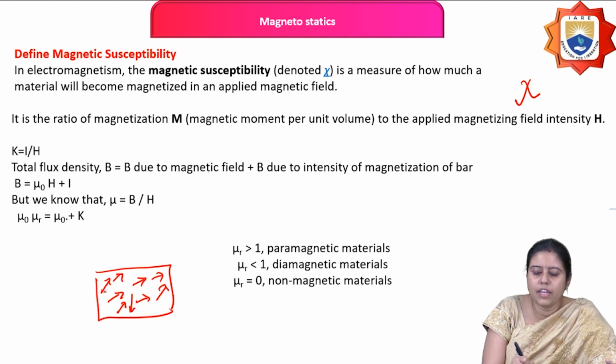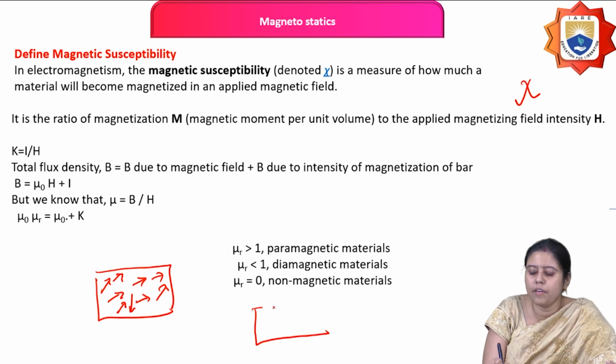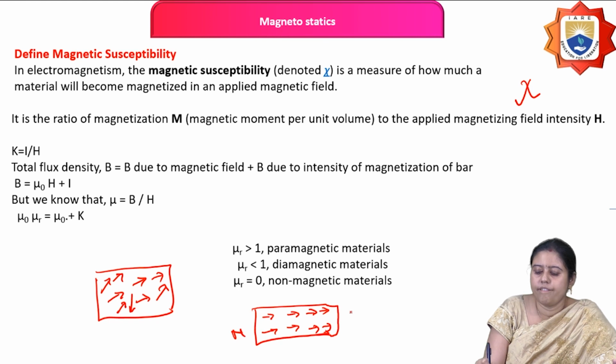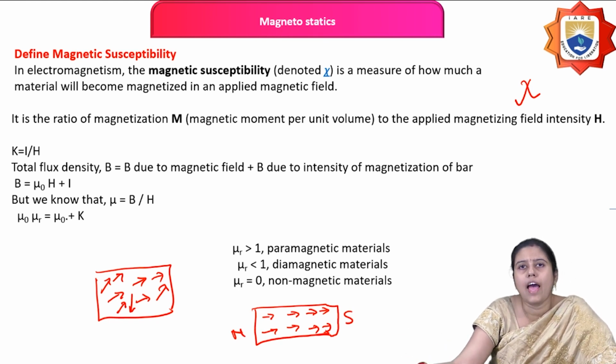But when we keep the iron in a magnetic field, or give it some DC current, the atoms will be in a proper direction. So this depends on the amount of current, as well as on the material property.